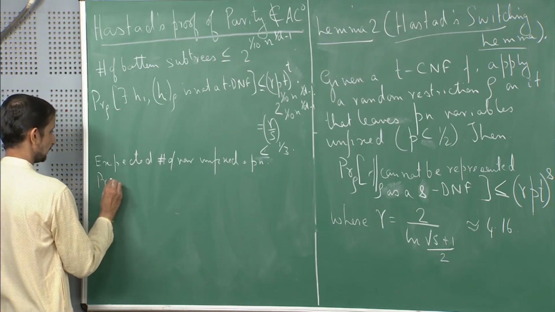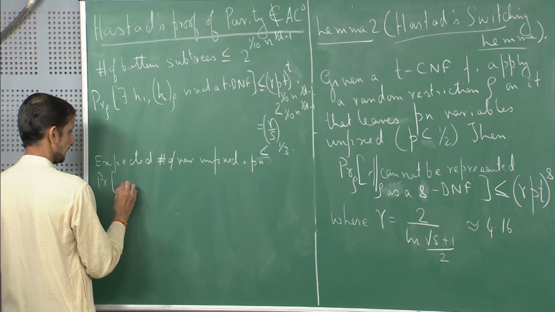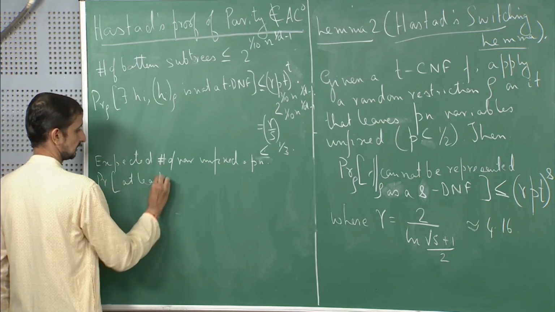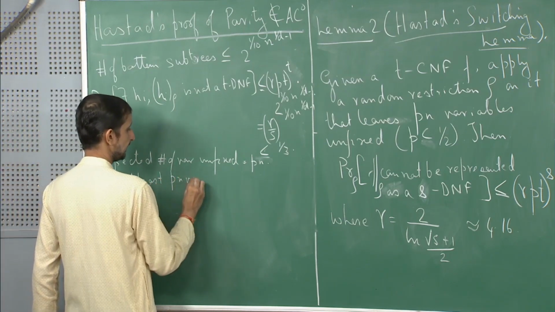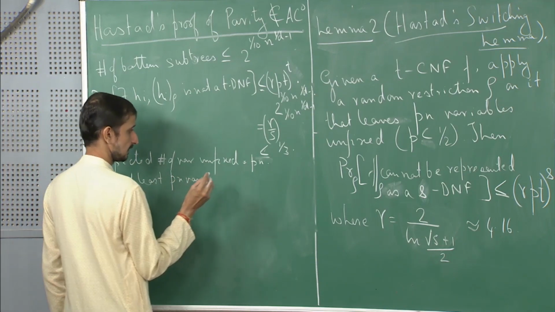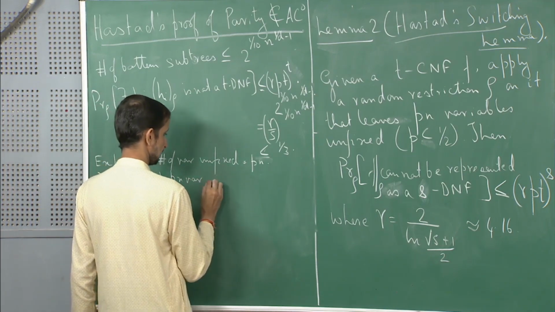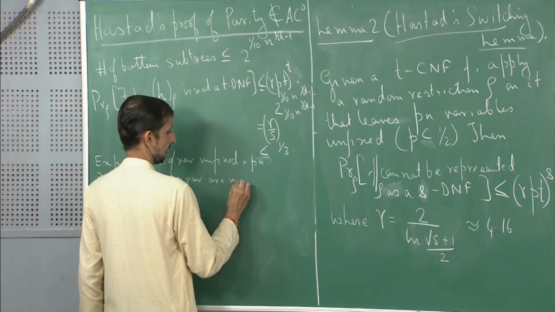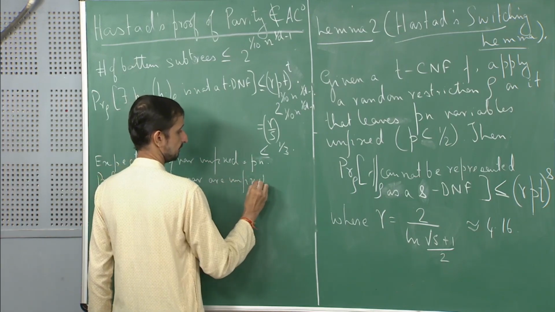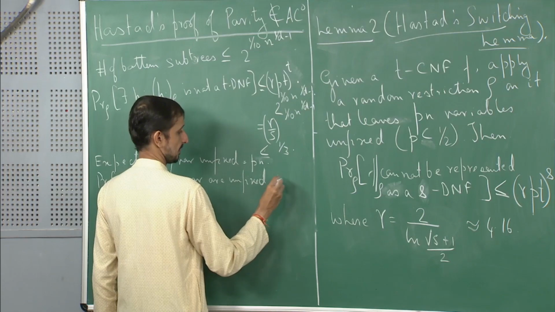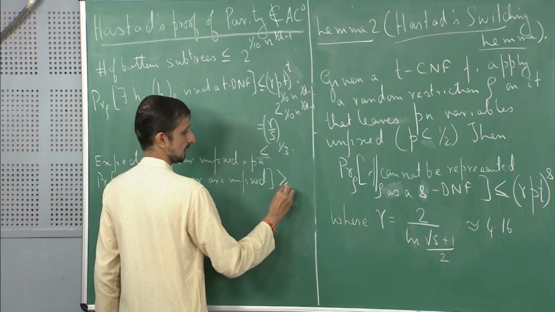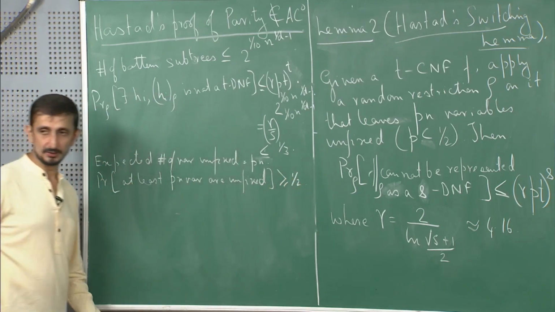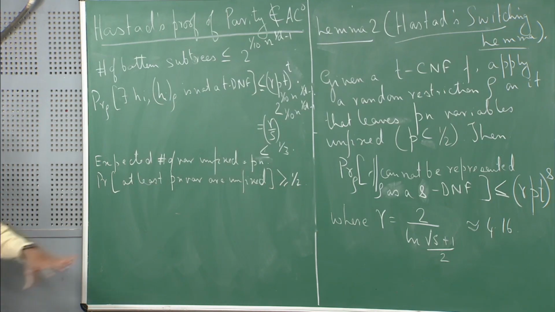Therefore, the probability that at least p n variables are unfixed is greater than or equal to half. Okay.